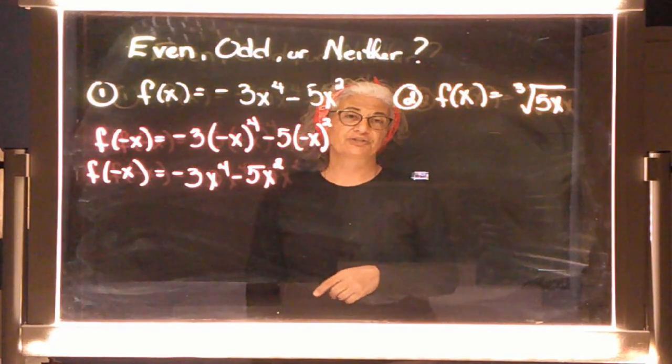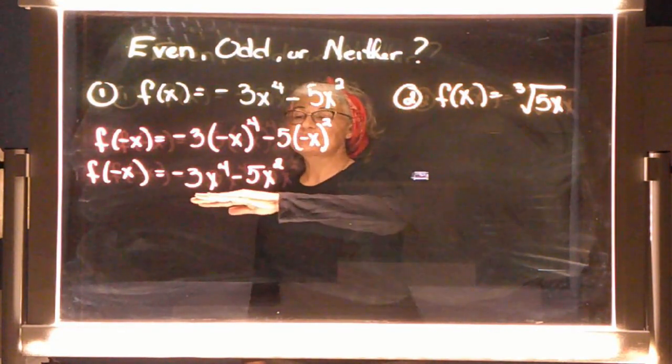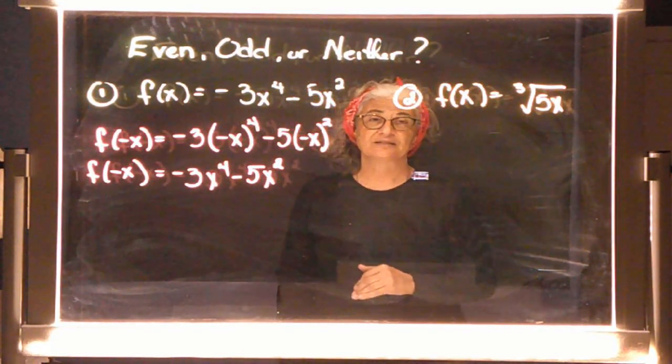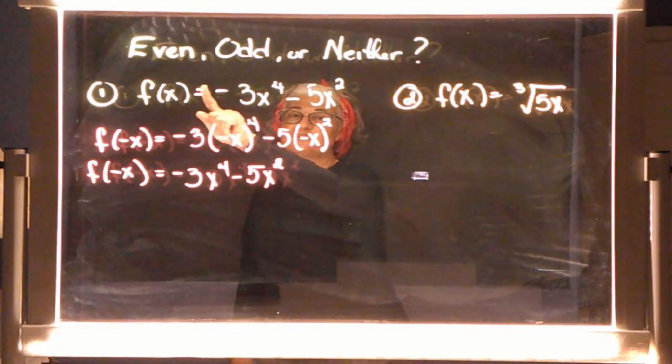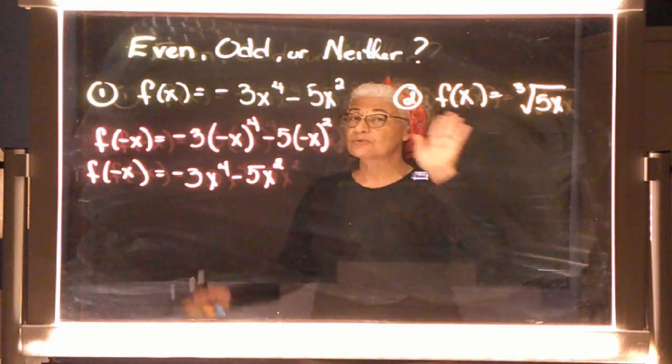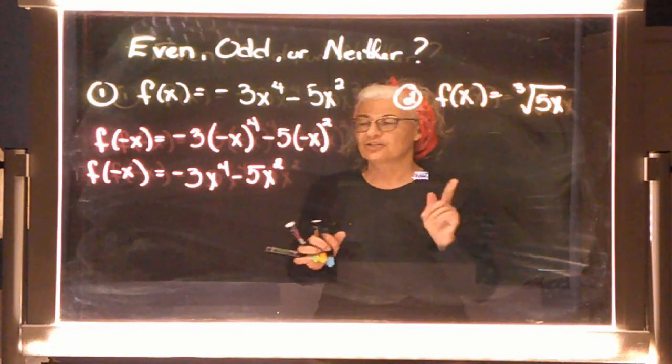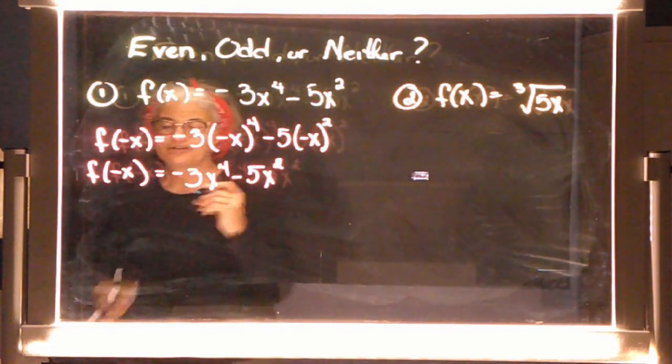What does it look like to you? Yeah, it looks exactly like the original, isn't it? Wonderful. So is this an even function, or is this an odd function, or maybe it's neither one? Good, I heard you. This will be an even function.